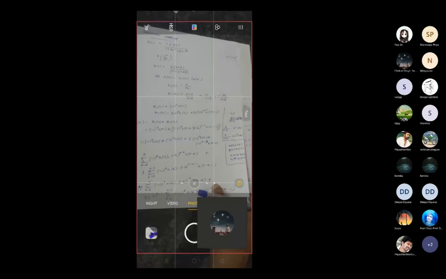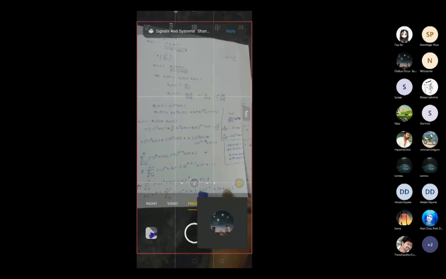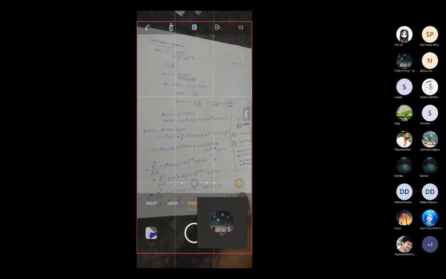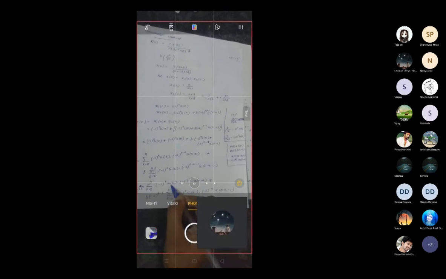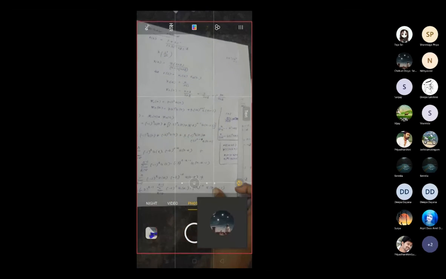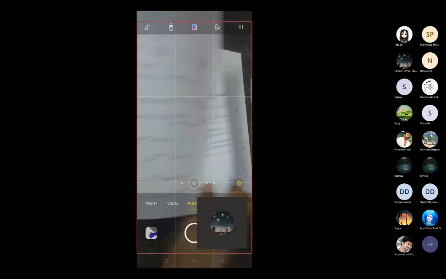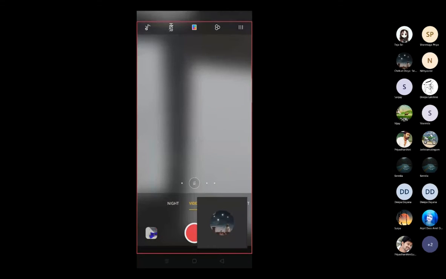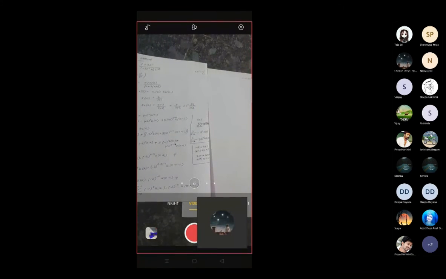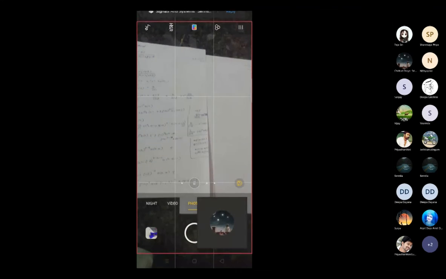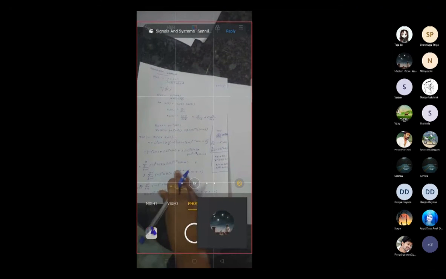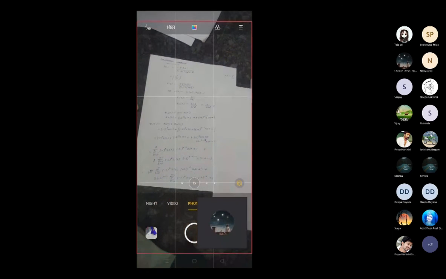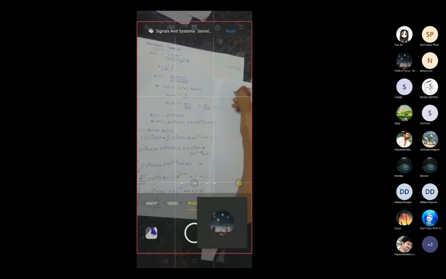Up to this it is clear. Next, see, here u[k] is there. u[k] for positive values will be 1, so replace u[k] as 1.